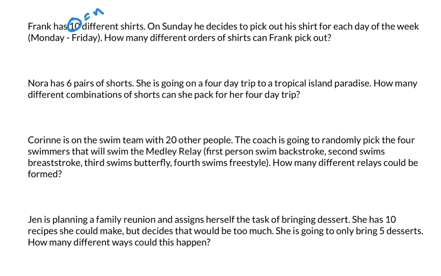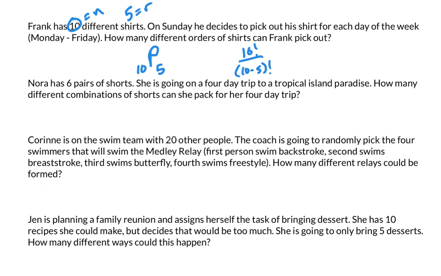So 10 is our n, 5 is our r, and in this case, picking a shirt for Monday versus Tuesday is different. Those are different days. So we would say this is a permutation, 10P5. And you could, again, just use your calculator to figure out what that is.